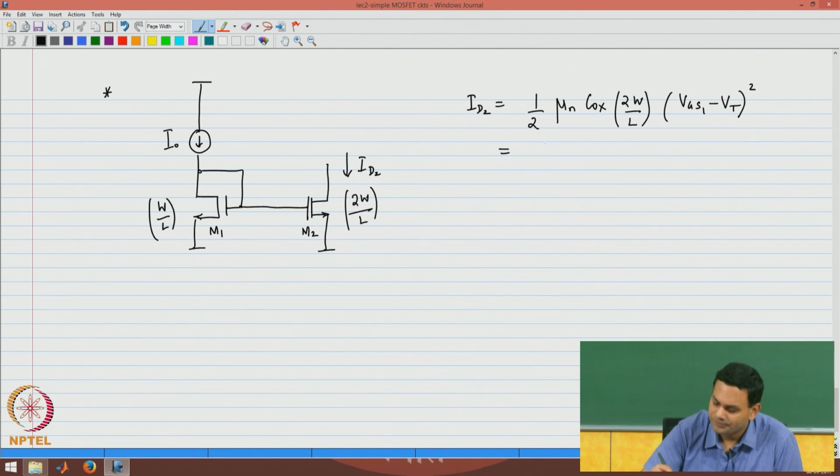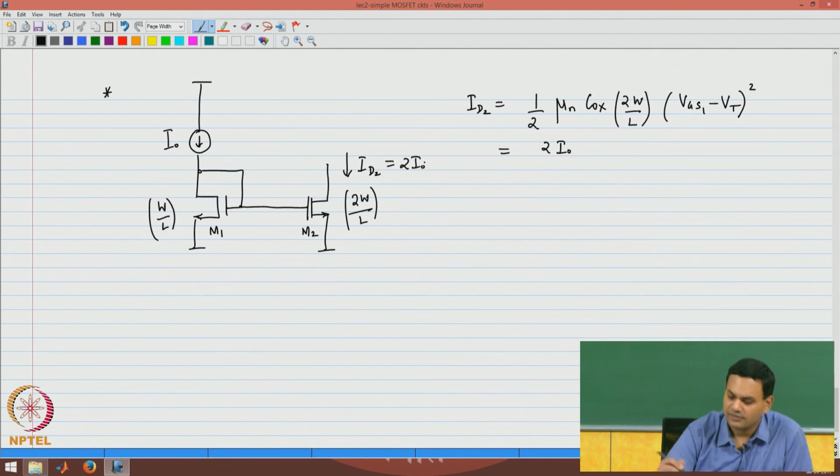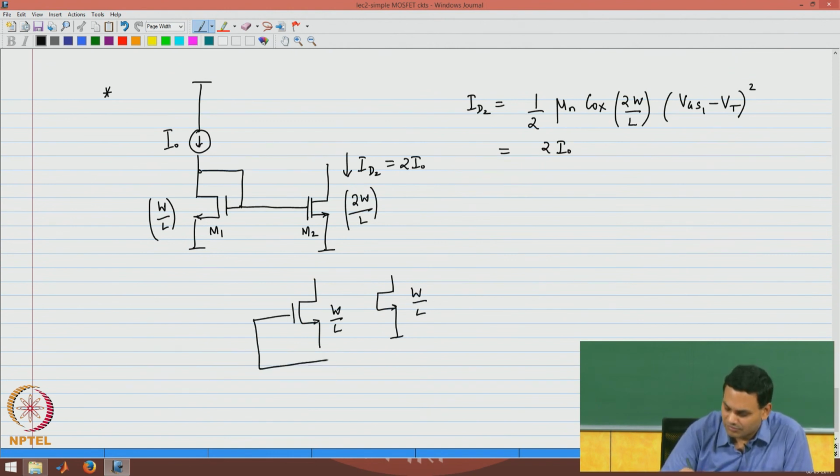This is clearly 2 I0. So, therefore, I get twice the current here. This is exactly the same as putting two devices in parallel. Please note that. If I put two devices of width W in parallel, that will give me the same effect, because each of these has a current I0 and the total current is 2 I0.